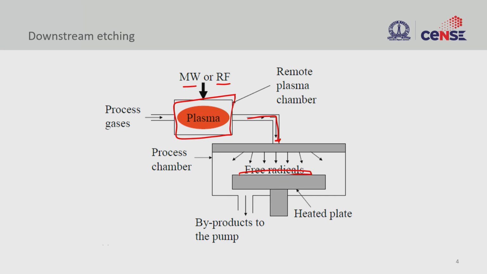So we are only interested in the radicals that are reactive in nature, and those free radicals are pushed through the system, and then here we can extract those, and then make it react with the substrate, right. And this substrate holder can also be heated if you want, and then it is pumped out through this end. This is how you drive the differential in pressure, and then you can downstream the plasma.